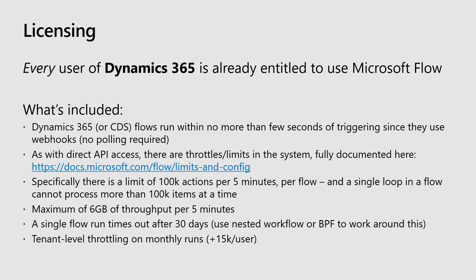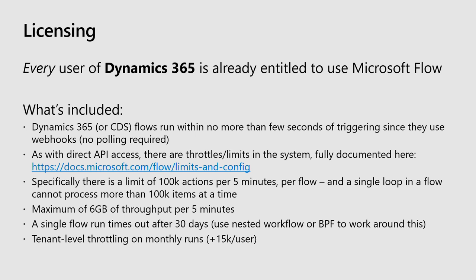That isn't the case for Dynamics workflows, because with Flow, we have the ability to trigger things that we call webhooks. Webhooks allow an instant notification to be sent to the workflow system, which means with Flow, there's no more delay than just really a few seconds for Dynamics workflows. So no polling is required. You don't have to worry about that.